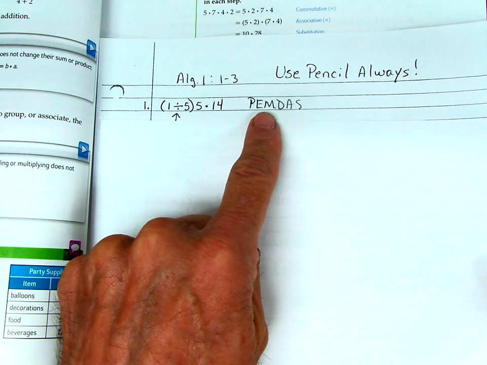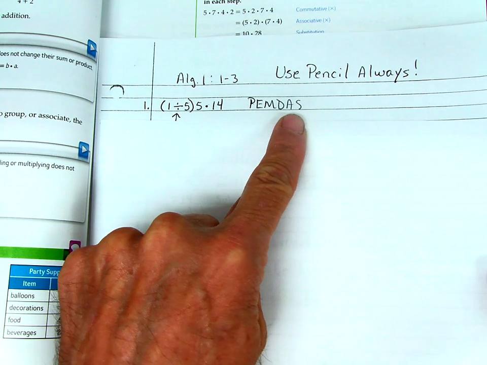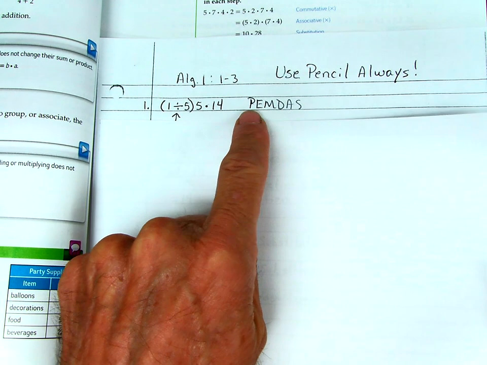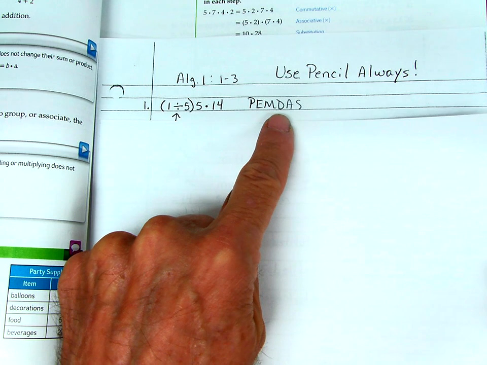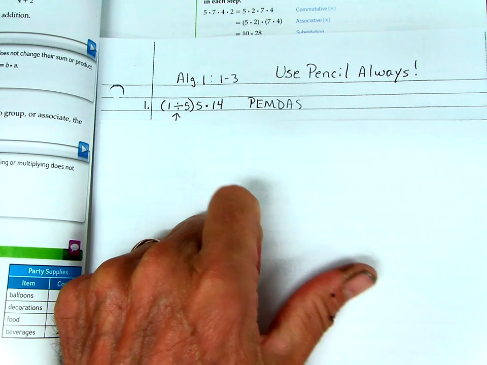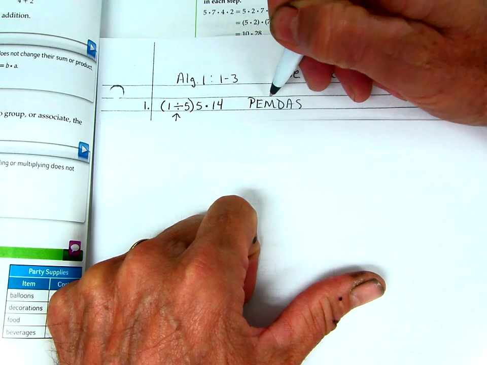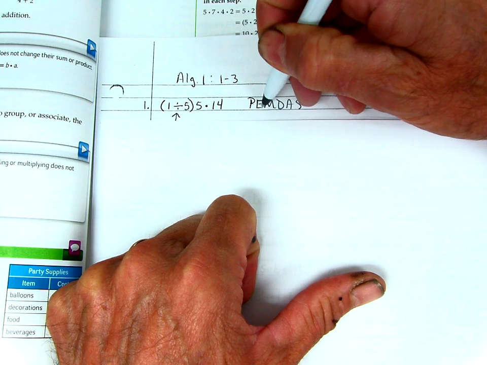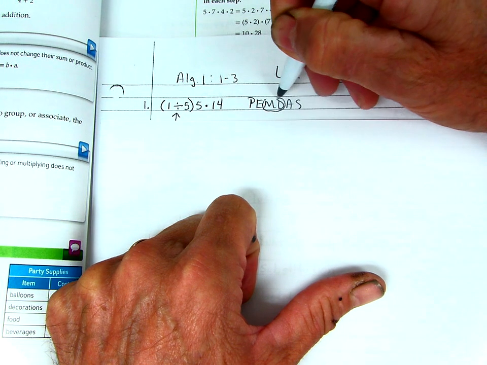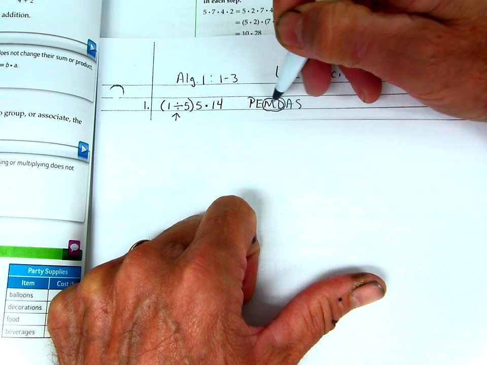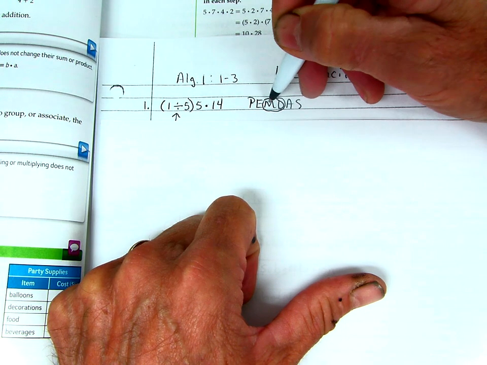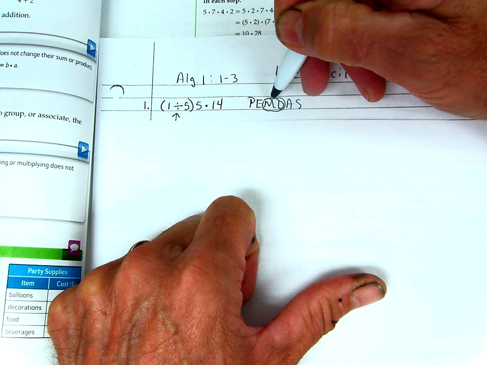When we are evaluating these, we use our order of operations, or PEMDAS: parentheses, exponents, multiply, divide, add, subtract. Now is a good time to point out that when you get down to multiplying and dividing, these are of equal weight, equal importance.